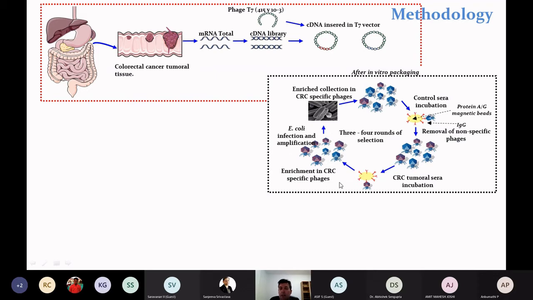After these selections, infection in E. coli and amplification, we can enrich in each round of selection between 100 and 1,000 times the original library in phages displaying peptides specific of the disease. By simply repeating this process 3 or 4 rounds, we can enrich the original library 1 million or 10 million times in phages displaying peptides specific of our disease.